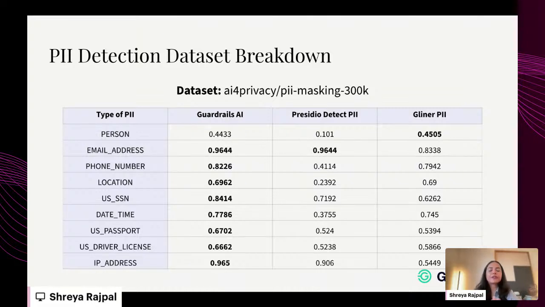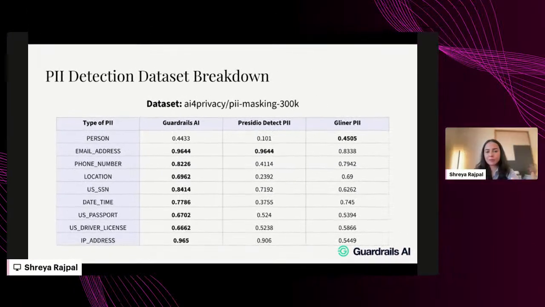Straight off the bat, one of the most fascinating things for me here was person, which is your name, essentially. If a name pops up in a statement or a data set, it's one of the most common things that people think about when they're thinking of PII, like you want to mask out a username, etc. And interestingly, this is also one of the areas with one of the lowest numbers objectively that we'd seen, right?